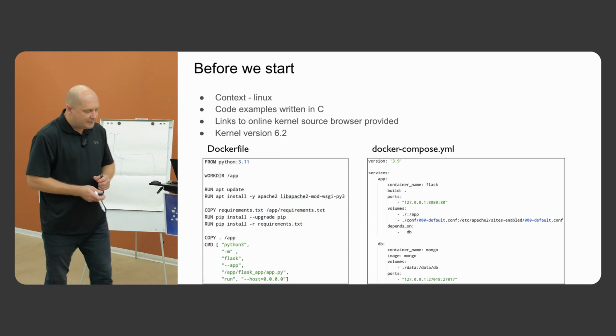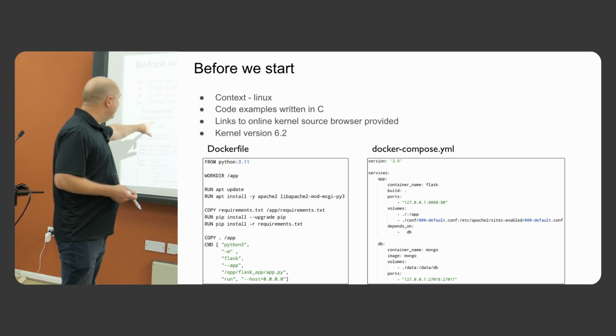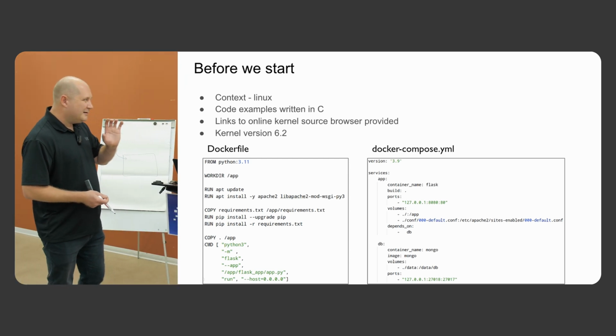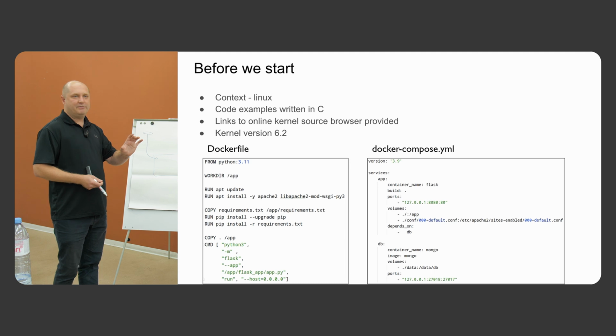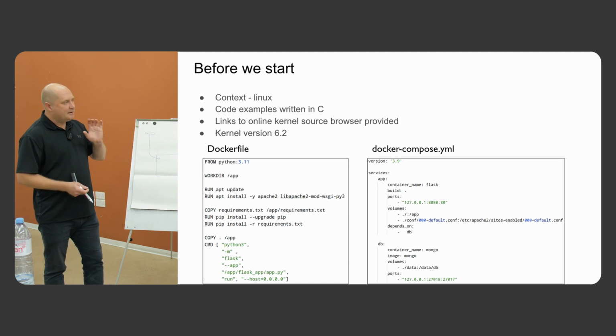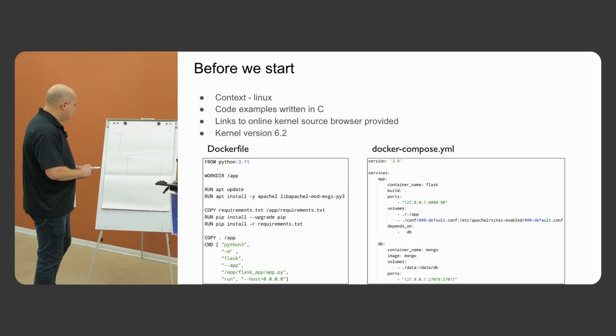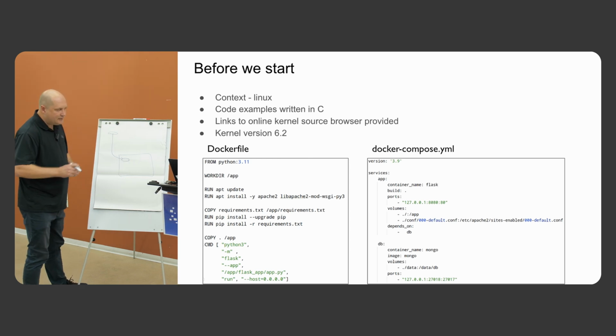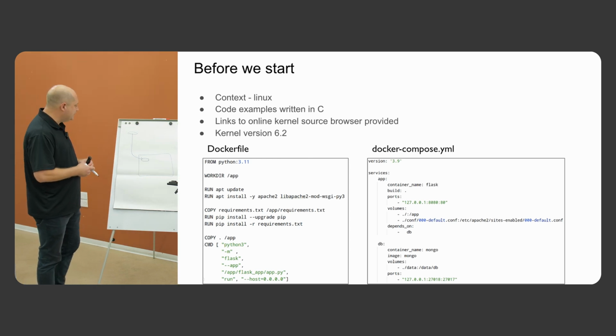This is the name of the image. It's a particular snapshot of a file system which contains some Linux stuff and Python 3.11. So we have an image file system here.